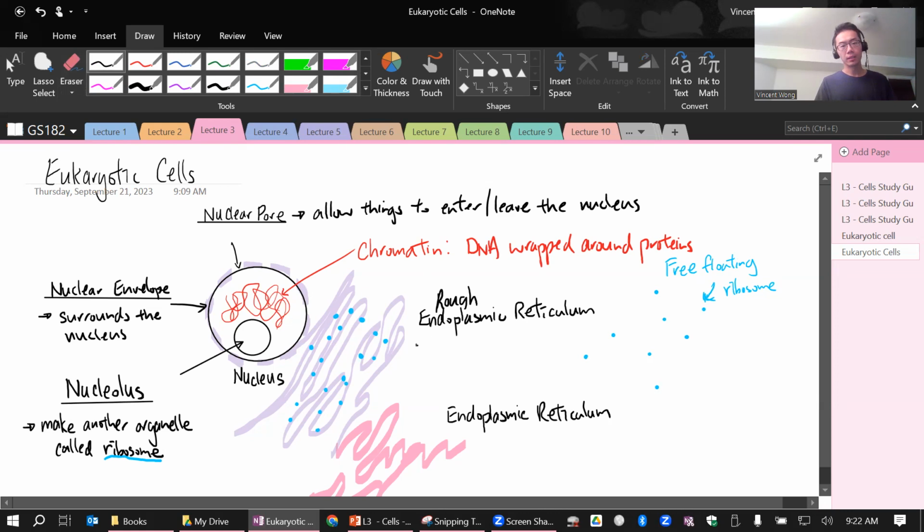If they don't have the ribosomes attached, then it has a smooth appearance, so we call it smooth ER.